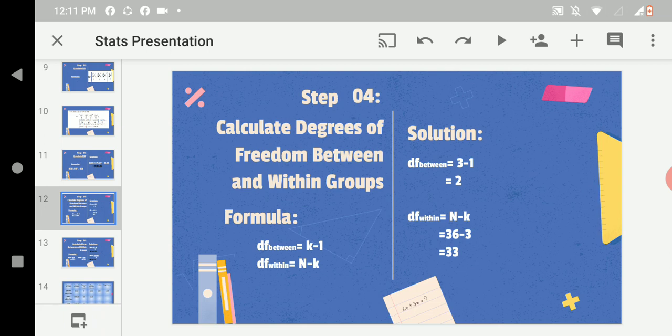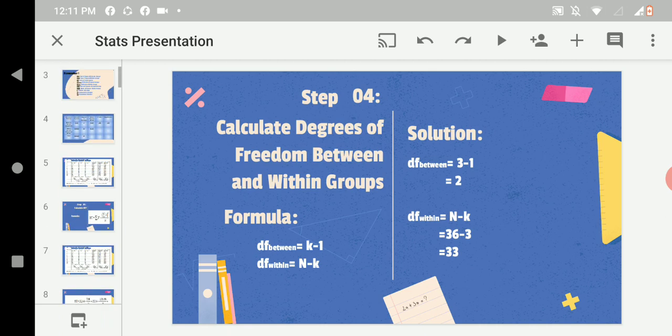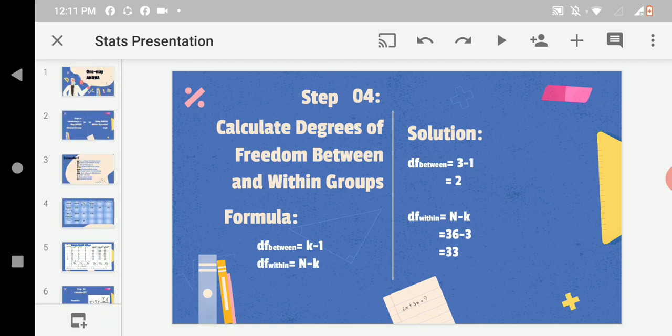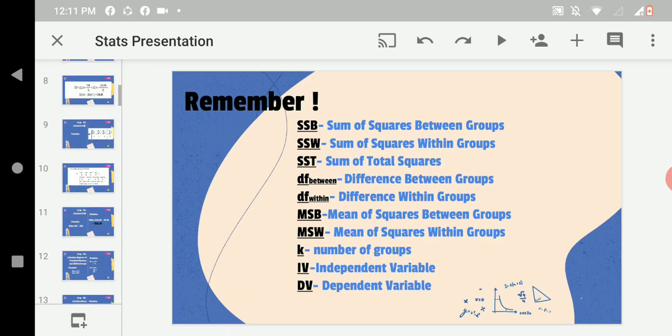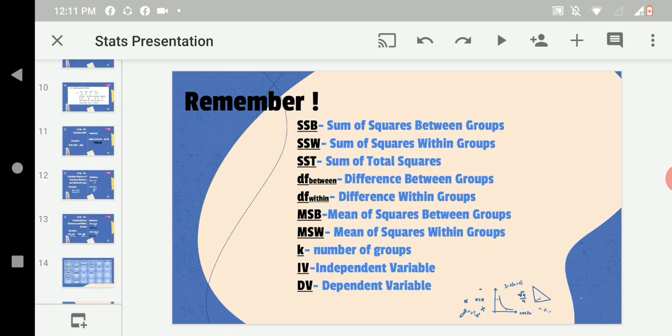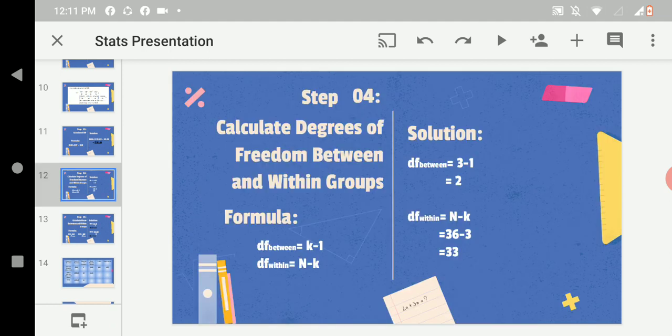The formula is degrees of freedom between equals k minus 1. What is k again? K is the number of groups, and n is the total number of data.